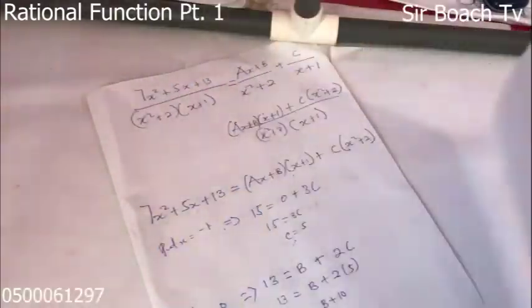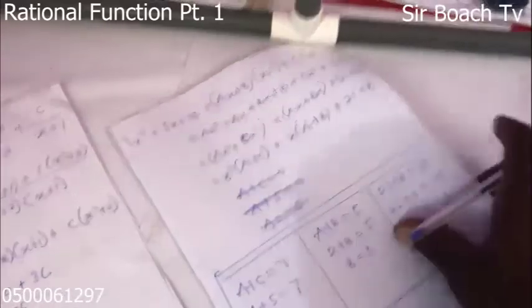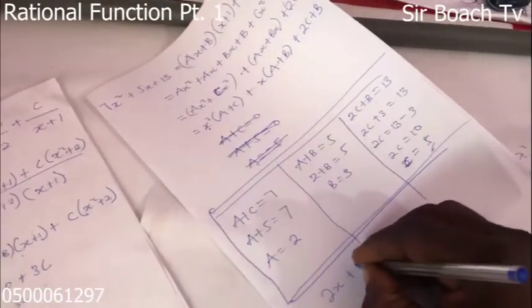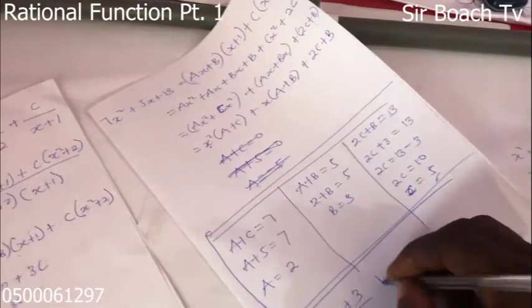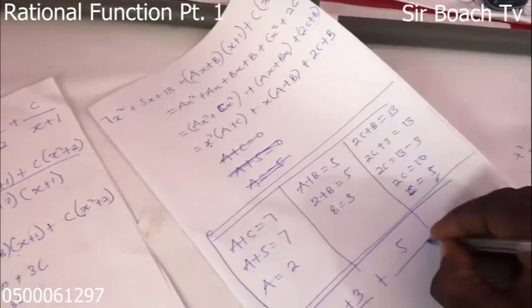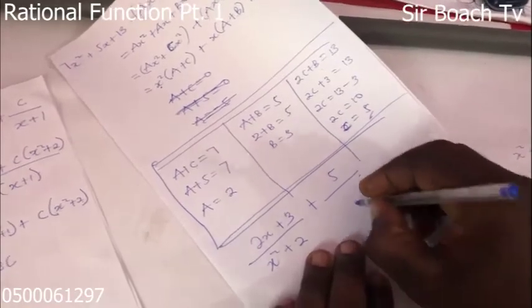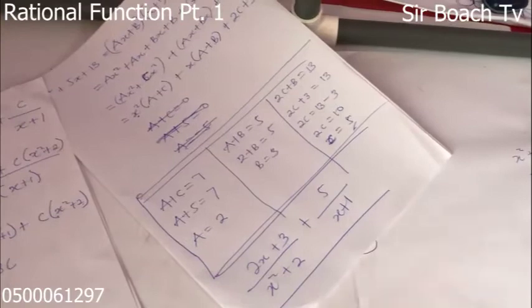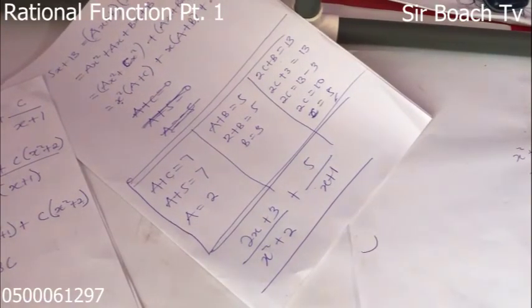Our final answer becomes: a is 2, so 2x, b is 3 on s square plus 2, plus c is 5 on x plus 1. That is all. It's so simple like that.